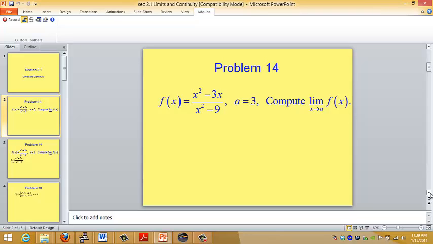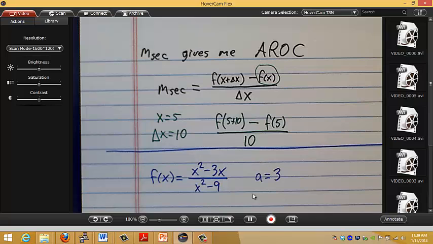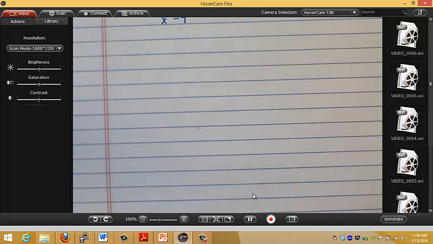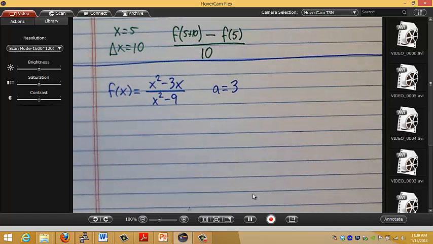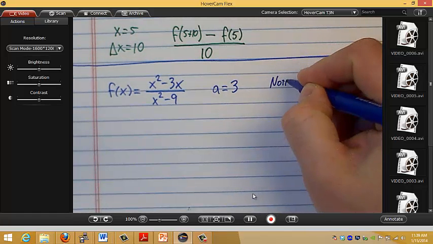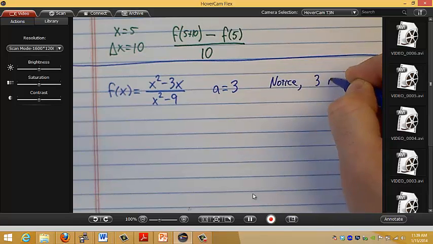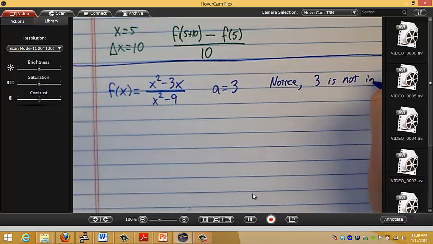Well, that's interesting. Oh, no. You have a denominator of 0. If we plug in a 3 right now, we can't. We have a denominator of 0. Okay? So one of the first things I'm going to point out to you guys, and again, this may be an algebra idea, is that notice 3 is not in the domain.